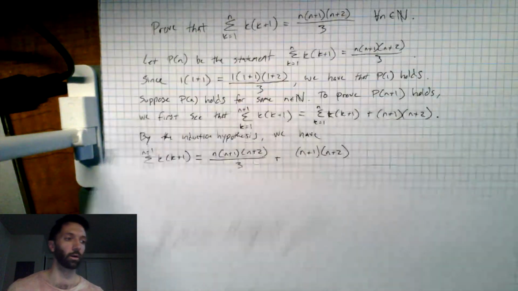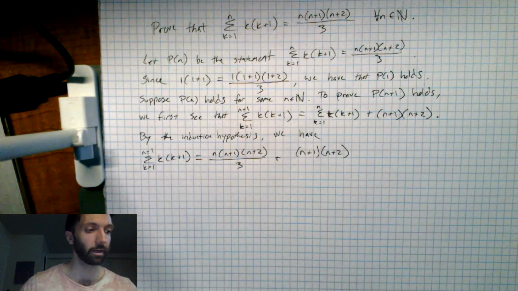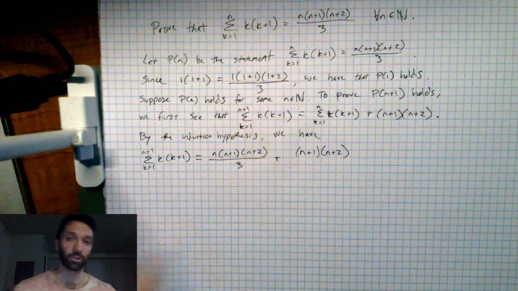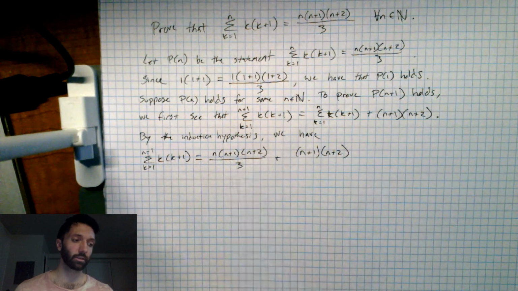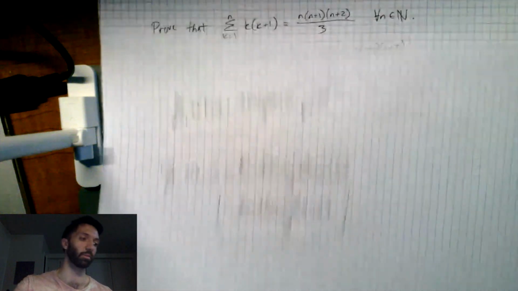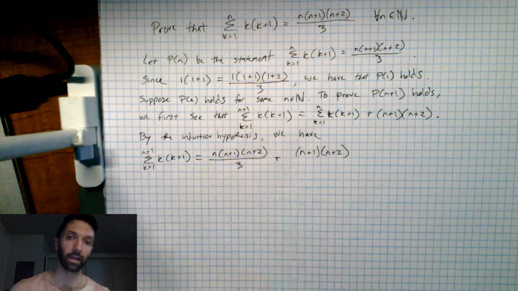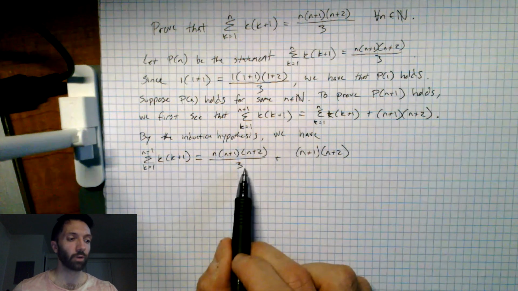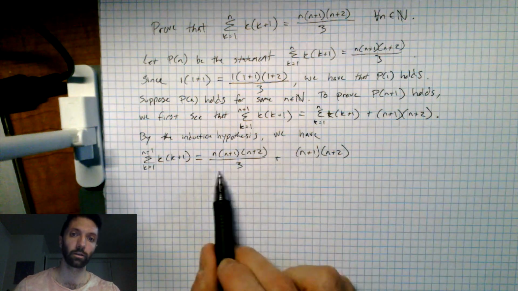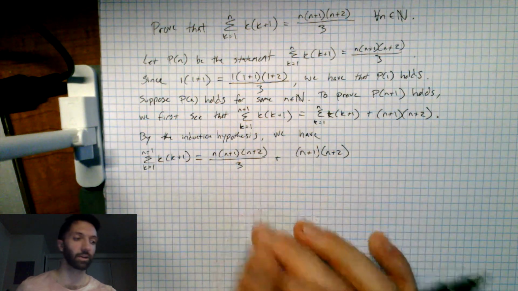Okay, so this is where our algebra skills have to come into play here. So first thing I'm going to want to do here is I'm looking at structure here. So I'm seeing this, I'm seeing this, which is just one giant fraction, right? So I'm thinking maybe for this, I should probably get everything over one denominator. So I'm going to try to create a common denominator of 3 here, so I can combine these into one fraction.